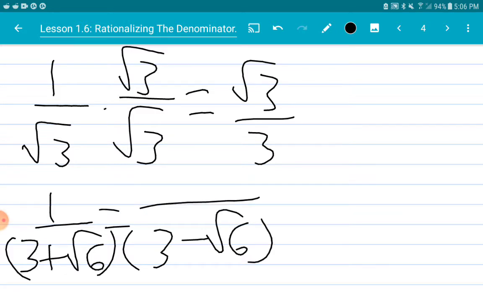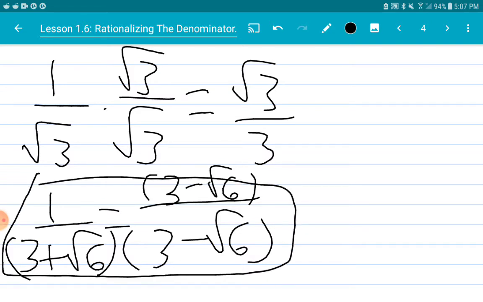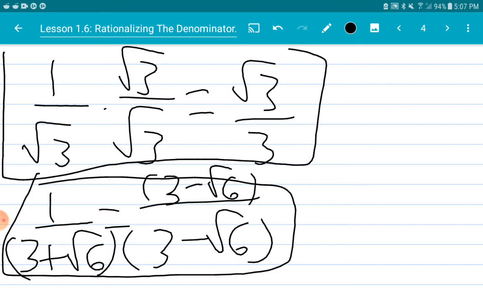So you do 3 minus square root of 6, 3 minus square root of 6. And that is how you use the conjugate method to rationalize the denominator, and the normal method to rationalize the denominator. That pretty much sums up our lesson.